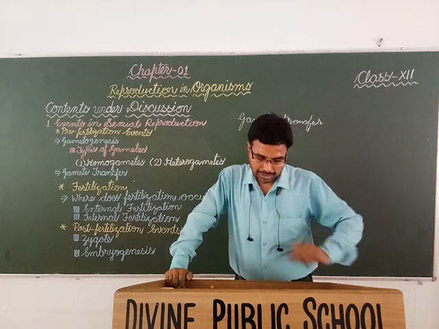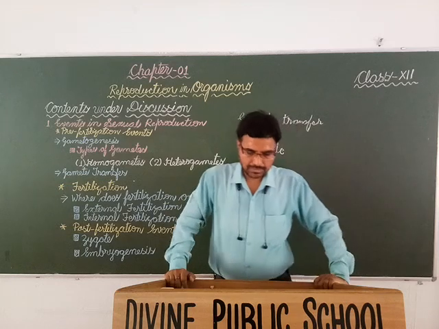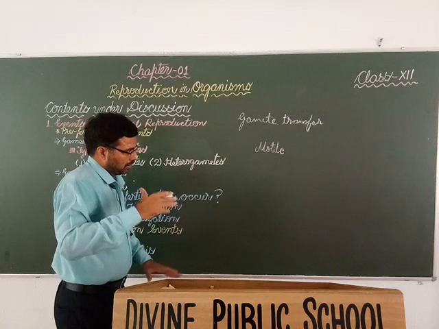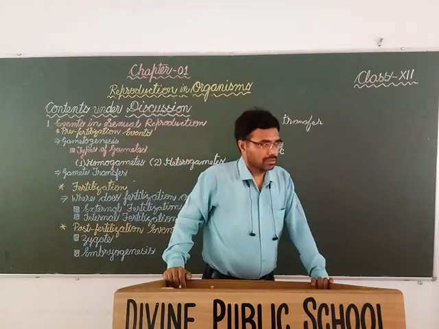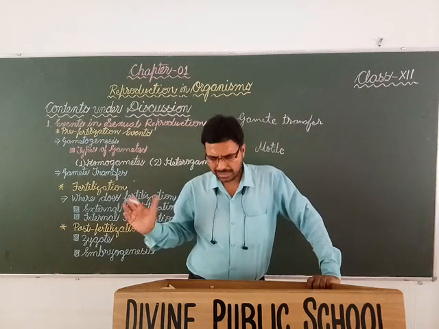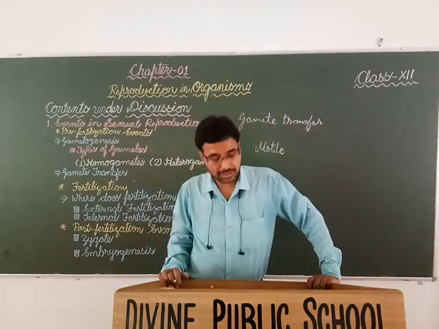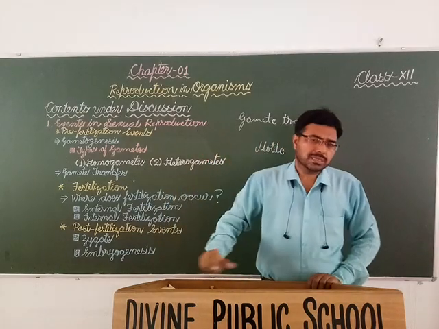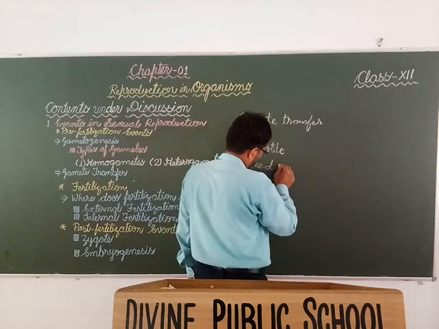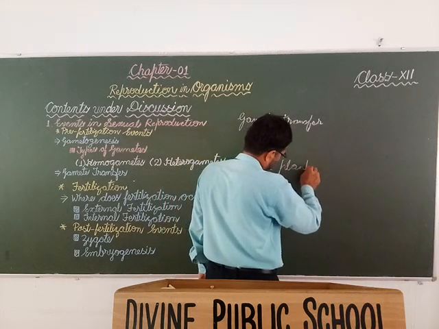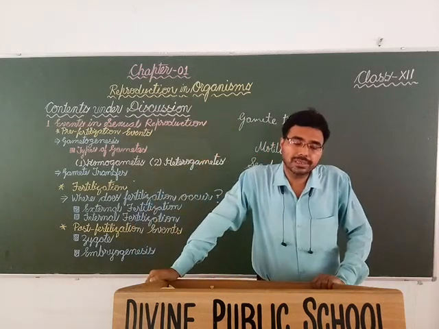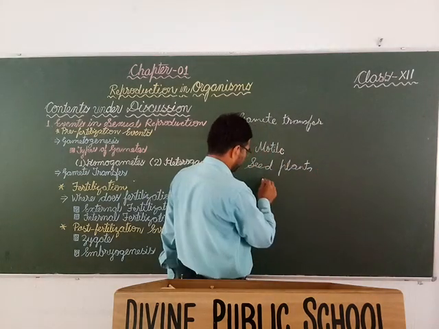Now, when we talk about animals, not animals, just later on I will come on this topic. When we talk about the seed plants, there is a structure which is called pollen grain.